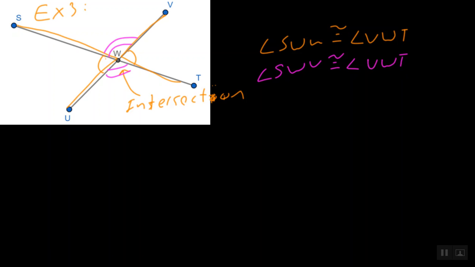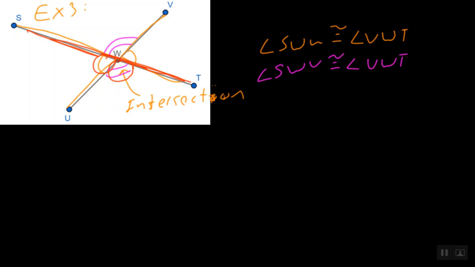Now, we're talking about congruent things, we're talking about supplementary things, we're talking about complementary things. Well, these are also unique in that they also have a specific type of supplementary angles. Notice this is a straight line. And in fact, what I have in the purple is adjacent to what I have in the orange. So what are we also saying here?